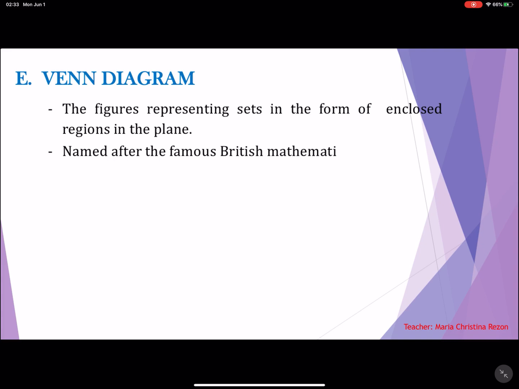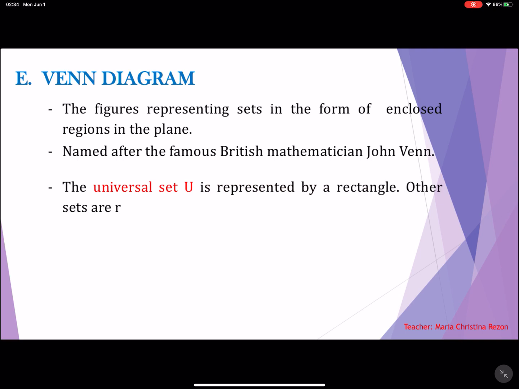The Venn diagram is actually named after the famous British mathematician John Venn. The universal set U is represented by a rectangle.